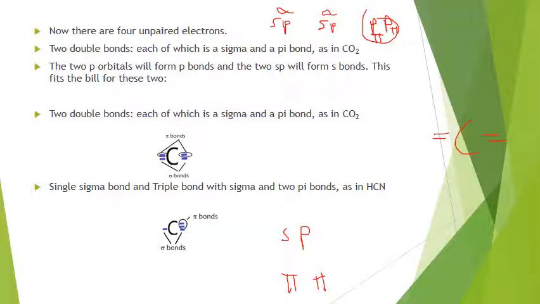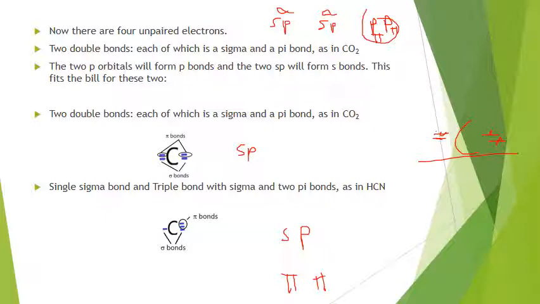That's what we have right here. When carbon has two double bonds, you have two pi bonds. We said that one of the bonds in a double bond is sigma, one is pi. So here's two pi bonds, and it has two sigma bonds. So if you see a carbon with two double bonds, it is going to have sp hybrid orbitals as well as two p's.